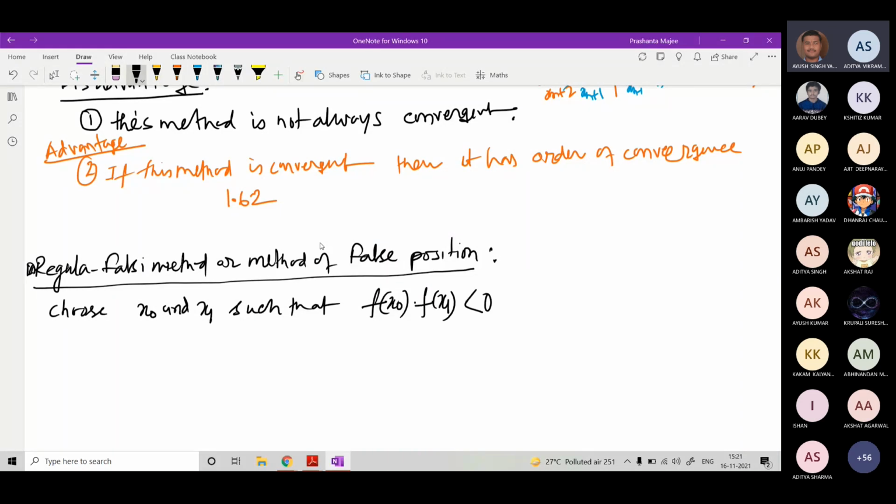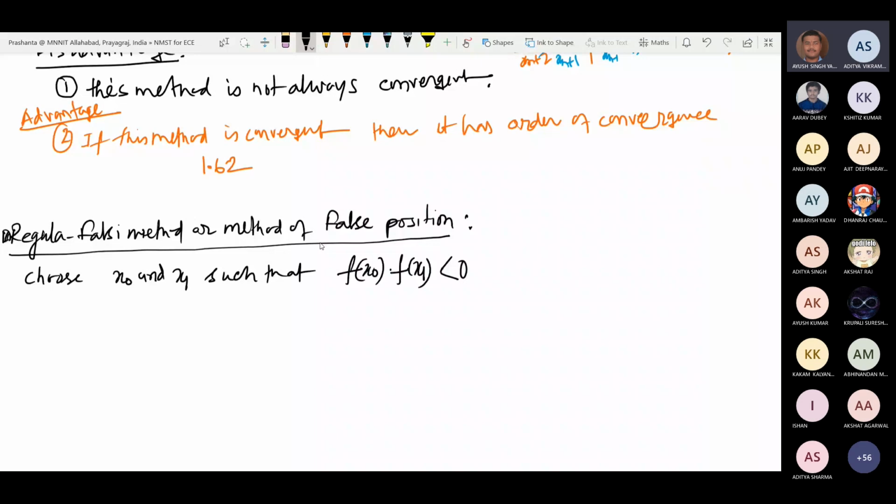Choose x0 and x1 such that f of x0 into f of x1 is less than 0. So what does this condition mean? There should be a root between x0 and x1.